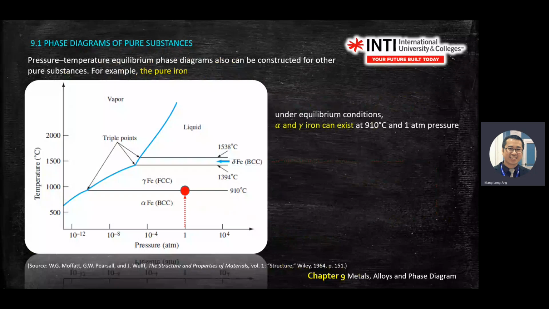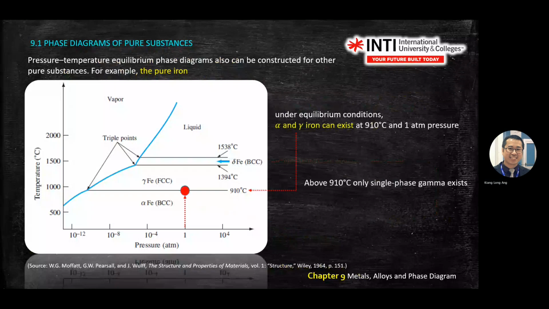At what temperature? At 910. If you increase the temperature, you will change alpha into gamma. This is single phase gamma. Then below you get single phase alpha. Single phase, single phase.